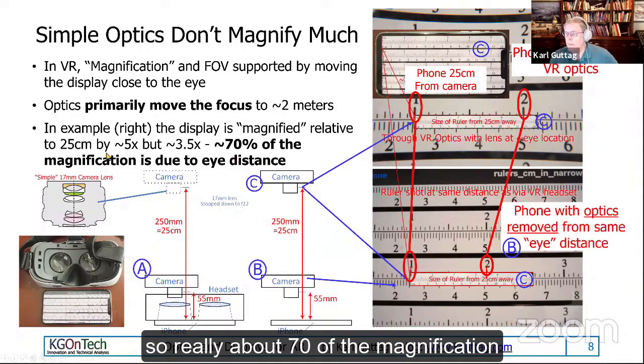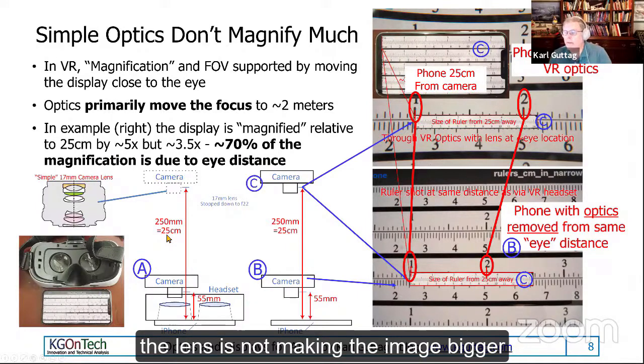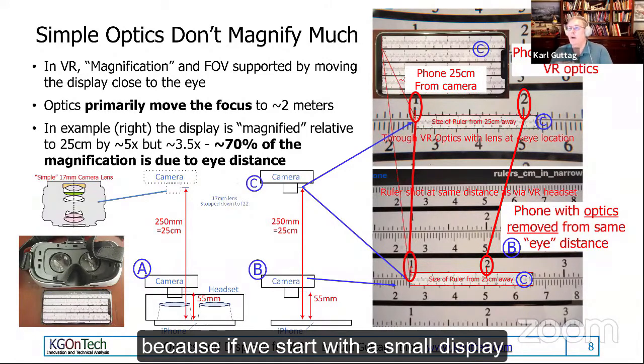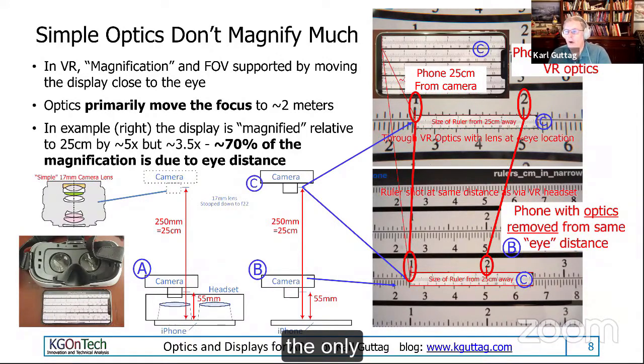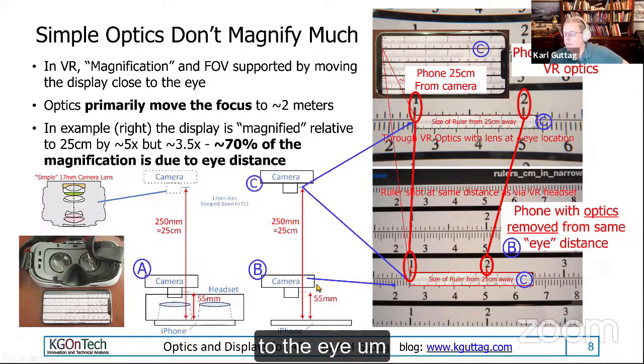So really about 70% of the magnification is due to moving it to the screen. The lens is not making the image bigger. This becomes important because if we start with a small display, the easiest way to make it bigger is to move that display much closer to the eye.